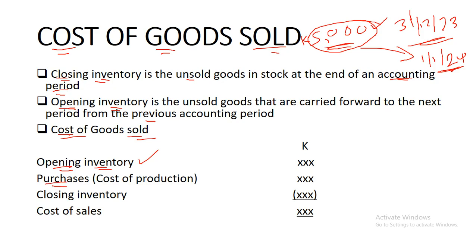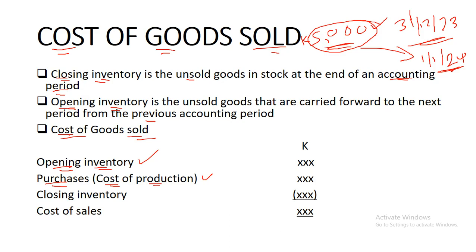Then purchases. What are purchases? I'll give the typical example of a grocery store. You've got 5 cases of mojo as opening inventory, and then during the course of the period, you say, okay, I think I need 10 more cases. You go and buy these 10 more cases. That is what we call purchases. So purchases are just where you buy inventory during the course of the period.